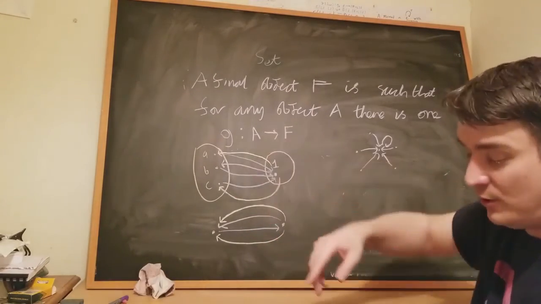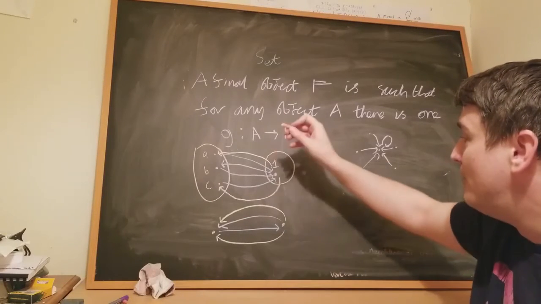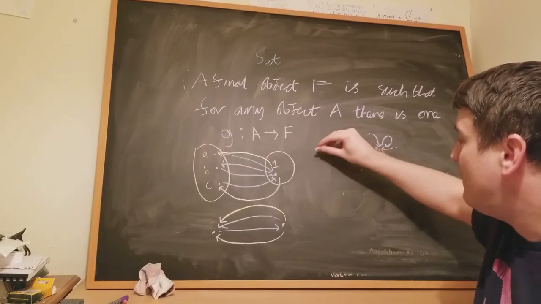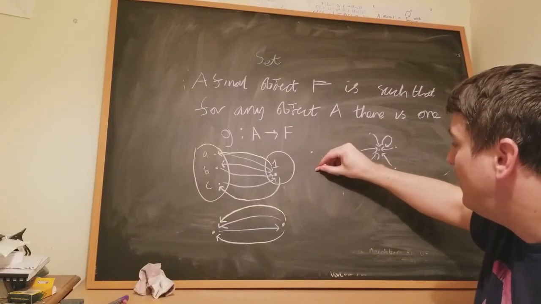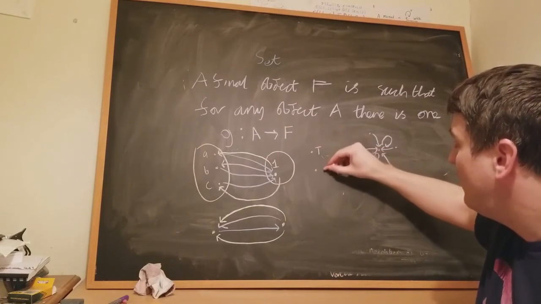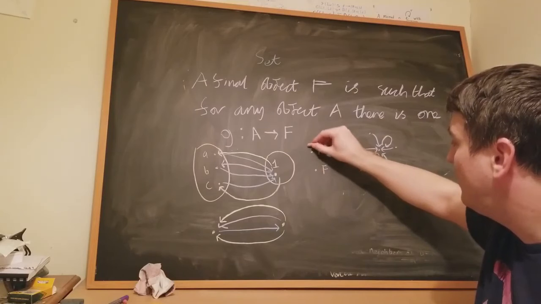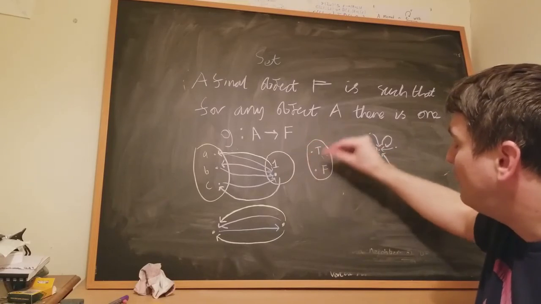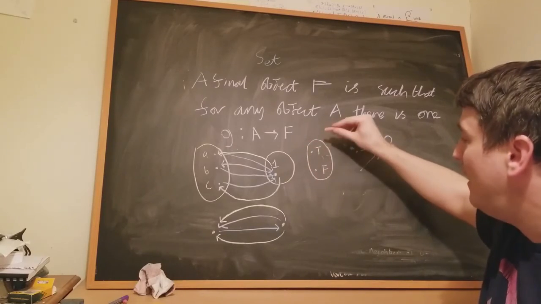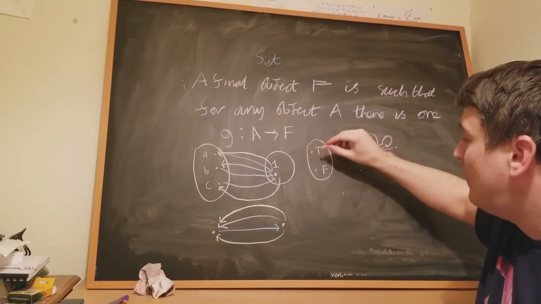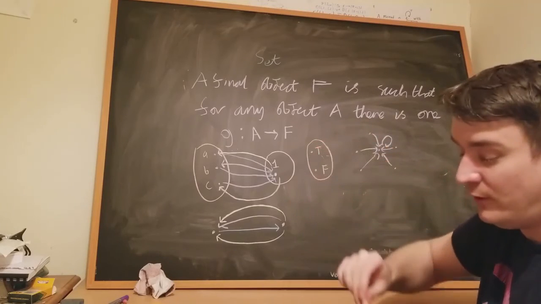Just to make sure I've got this idea clear, let's say we have another set over here, true and false. How could we identify the object representing this set in our category set?